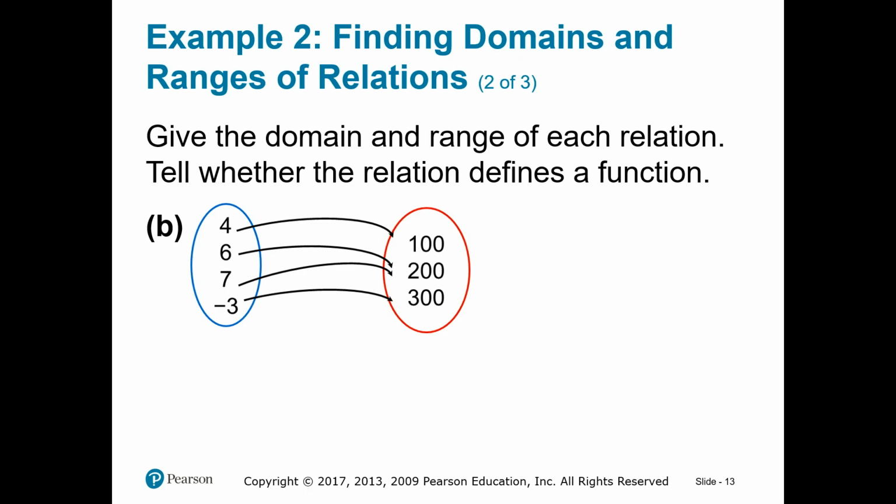So range will be 100, 200, 300. Right? And does this relation define a function? Yes. Right? Because every distinct x value has exactly one y value, right?